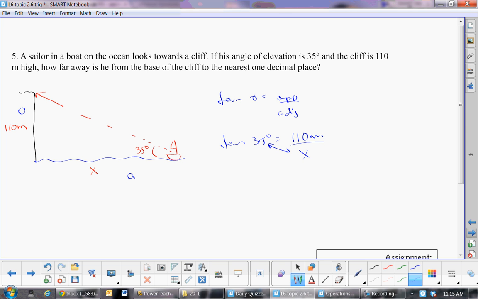These two will switch. Okay, and this one's to one decimal place. X equals 157.1 meters. Therefore, the boat is 157.1 meters from the base of the cliff.